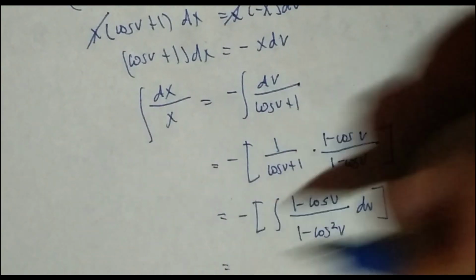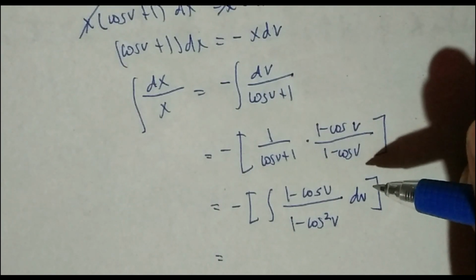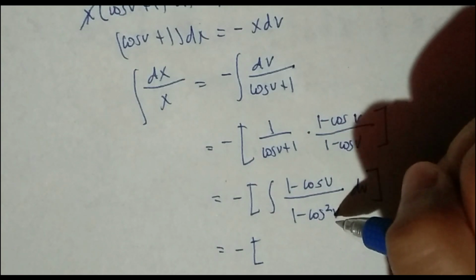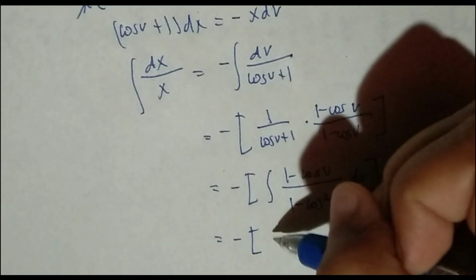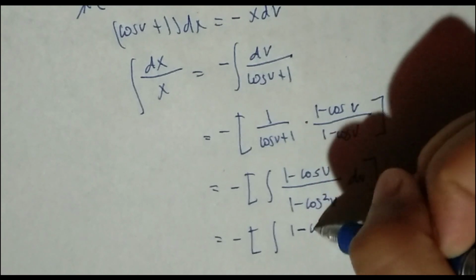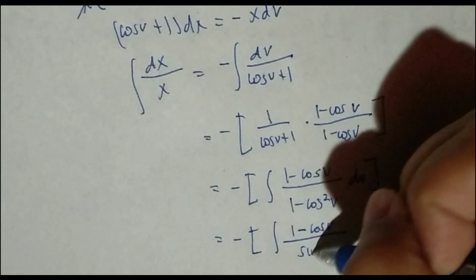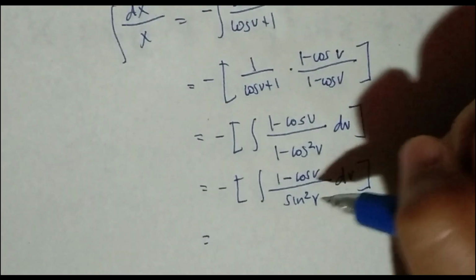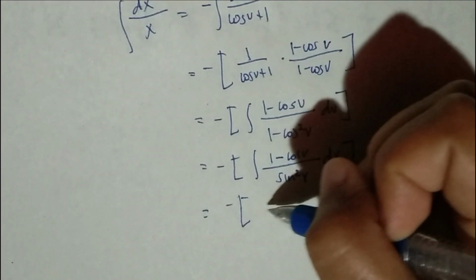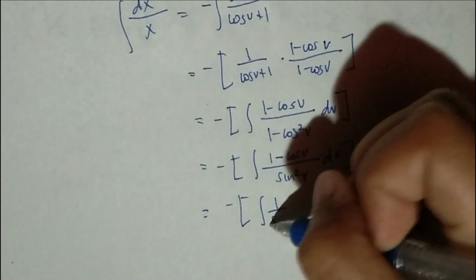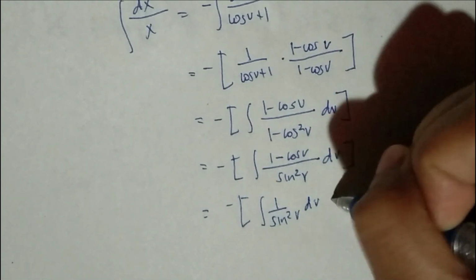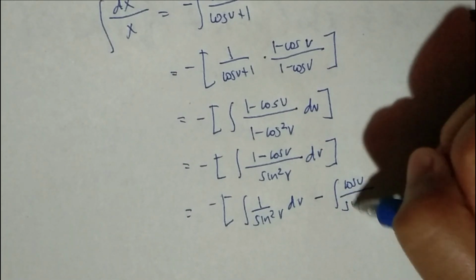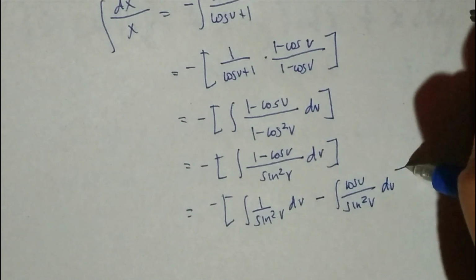So we all know that 1 − cos squared v is equal to sine squared v. So we will have (1 − cos v) over sine squared v dv. We can further simplify this by having the integration of 1 over sine squared v dv minus the integration of cos v over sine squared v dv.